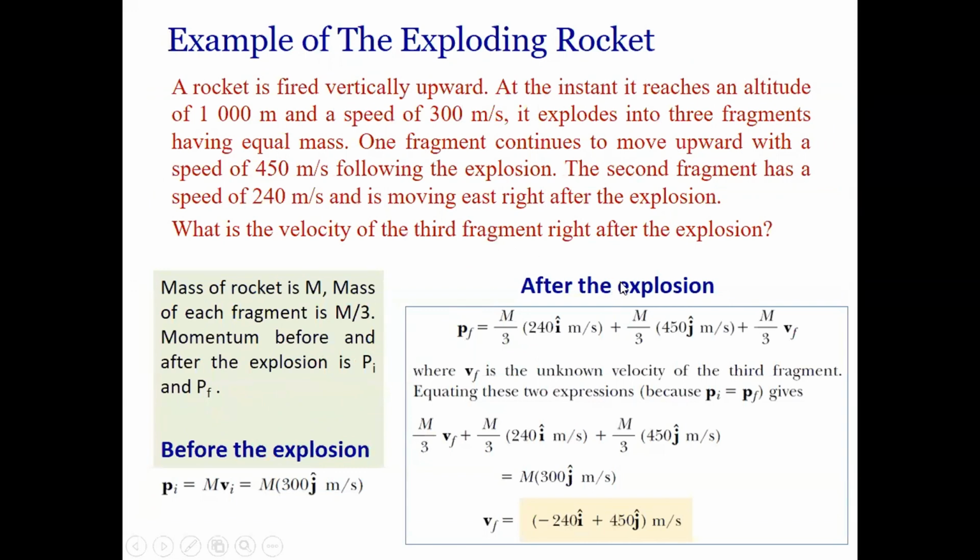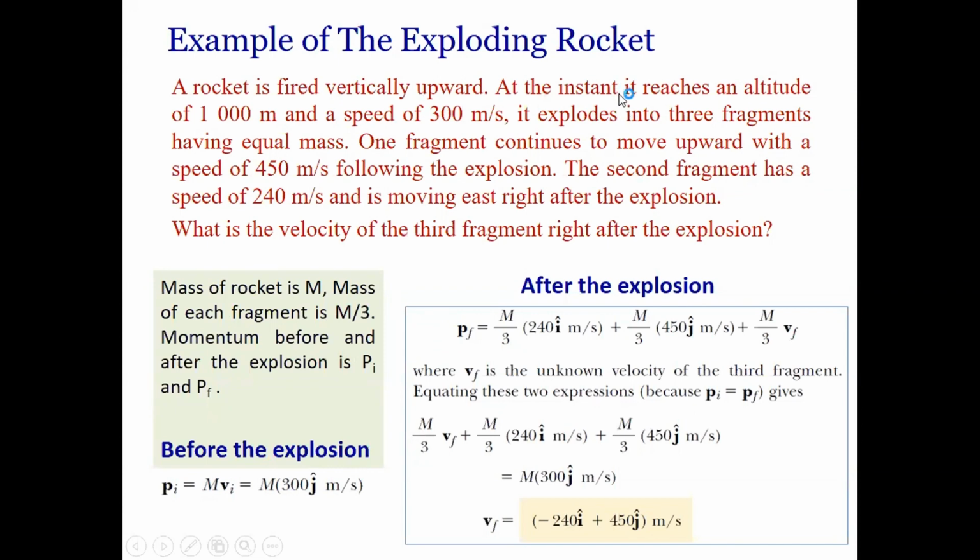Let us do this example of an exploding rocket and find out the ways to rightly explain the velocities or the components of different fragments. For example, a rocket is fired vertically upward.